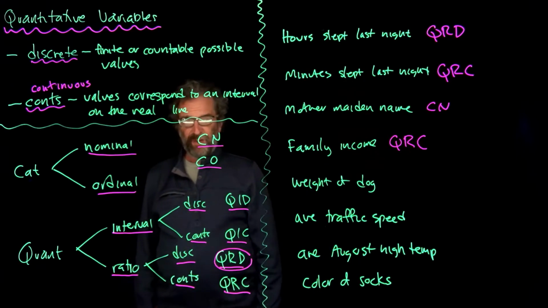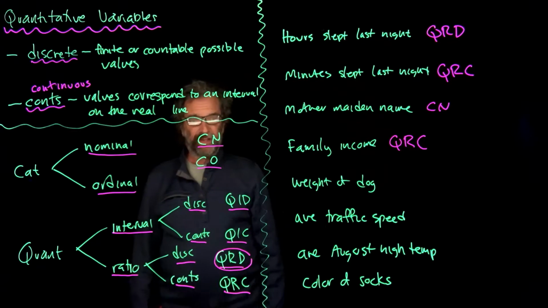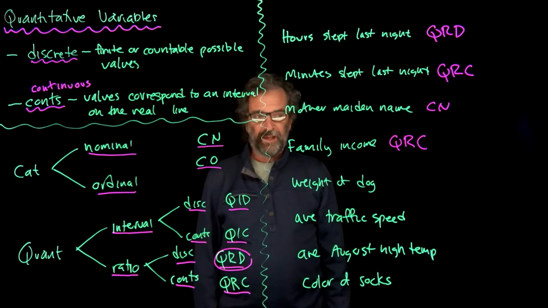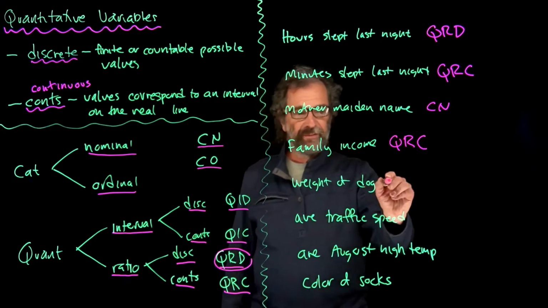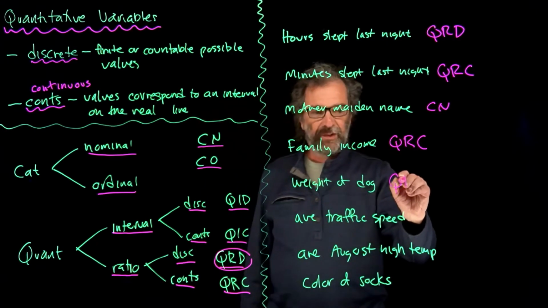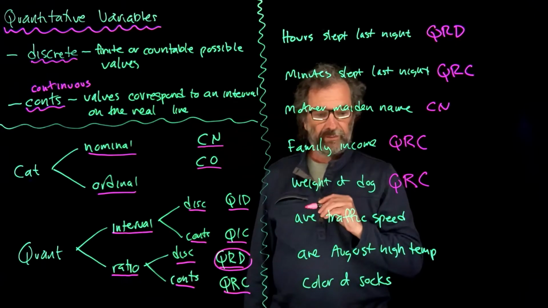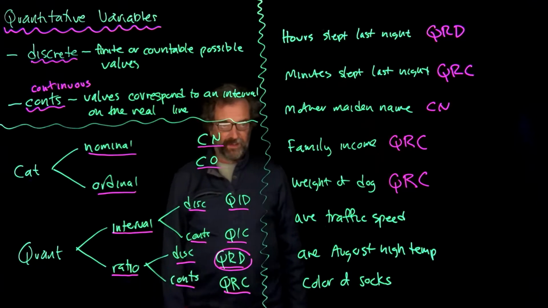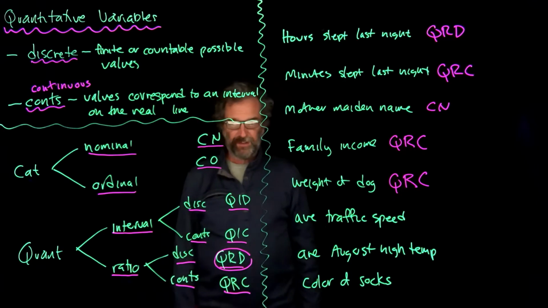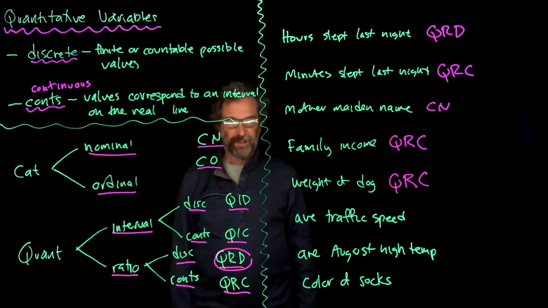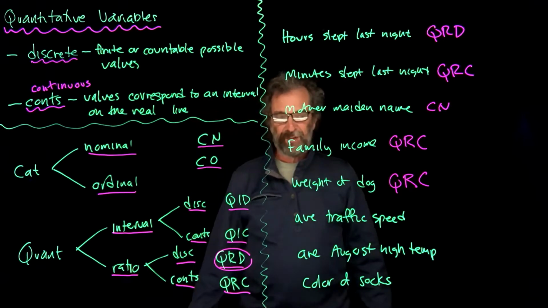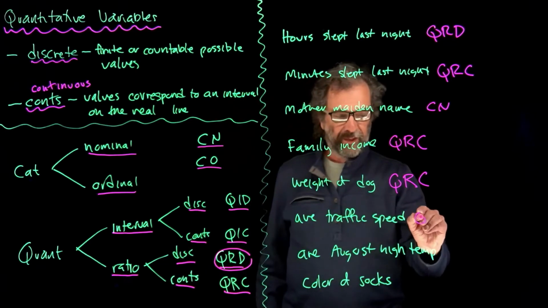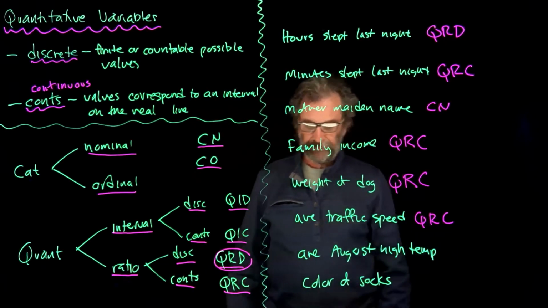Okay, weight of dog. I don't know how you're weighing that dog, but I suppose if you put an accurate scale, which you might do if you go to the vet, then that would be quantitative, zero has meaning, ratio, continuous. Average traffic speed. I suppose if you're using a radar gun and it gives you a very accurate answer, you can think of that. Does zero have meaning here? Zero means you're not moving, so that makes sense. So zero has meaning, it's going to be quantitative ratio continuous.